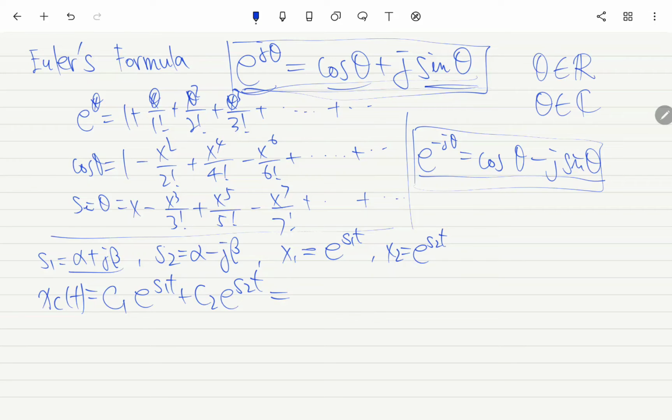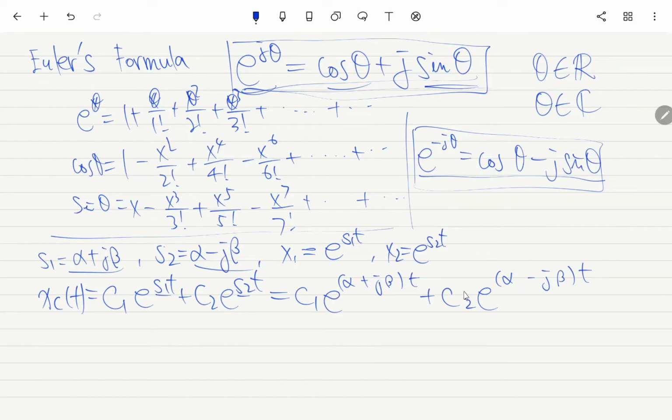Here we plug in s1 and s2, so we have c1 times exponential of (alpha plus j beta) t plus c2 exponential of (alpha minus j beta) t. We just plug in the expressions of s1 and s2 to here.